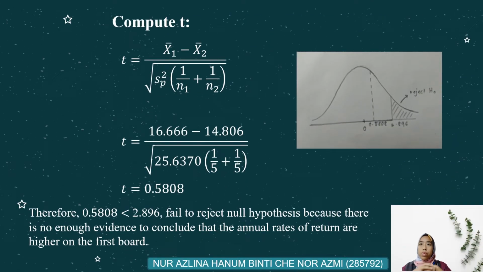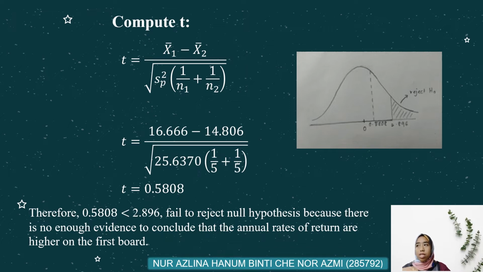Next, we need to compute t. To compute t, we can use this formula. So we get 0.5808 for t. We can refer to the graph. 0.5808 falls in the region before 2.896.